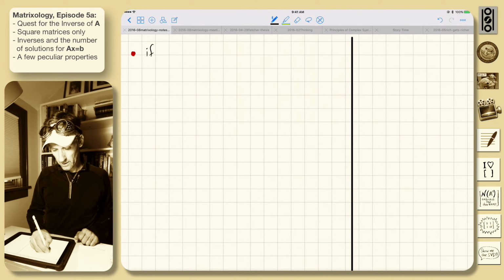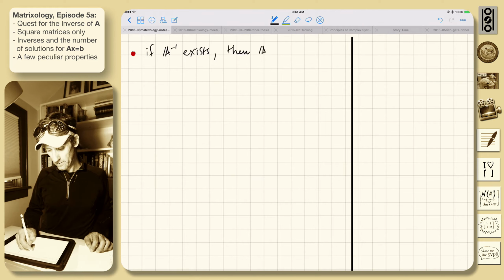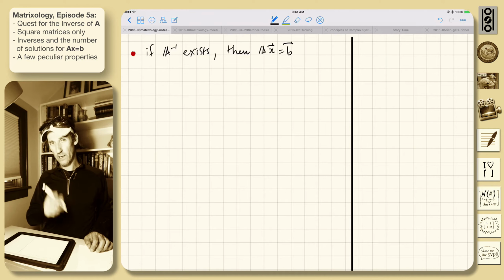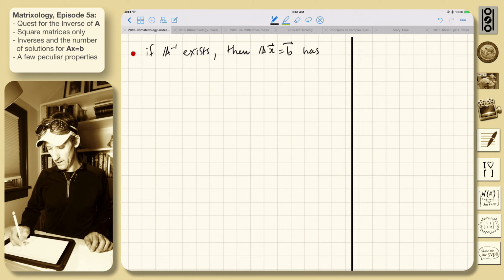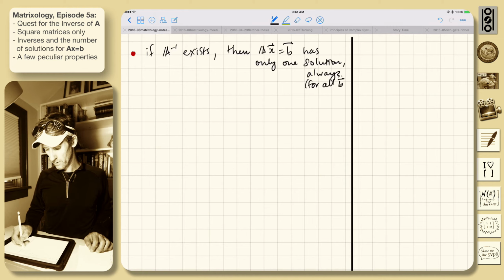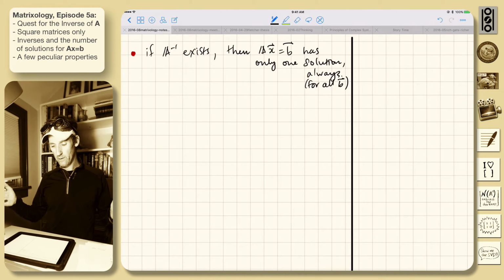Then Ax equals b has only one solution. And this is true always, which is to say for all b. So for any b, there's a solution. So why is that?